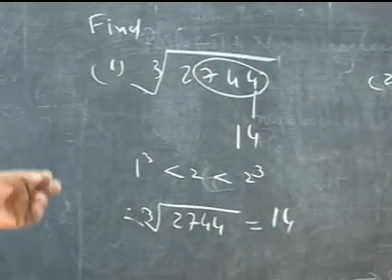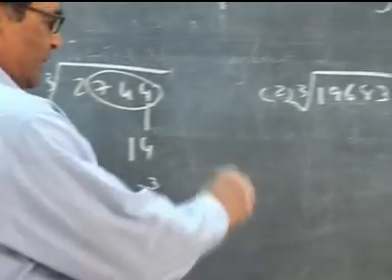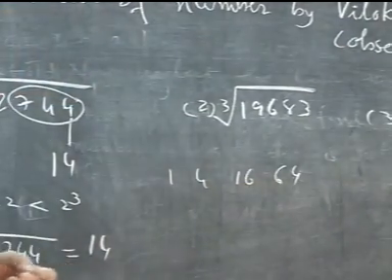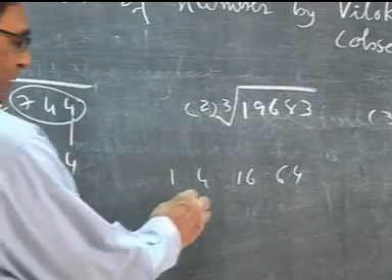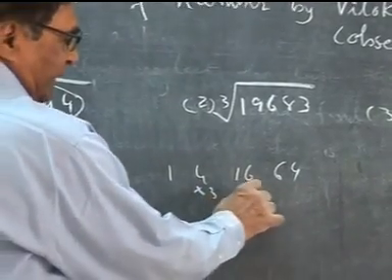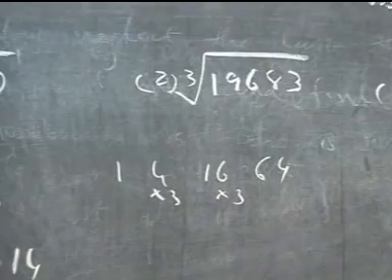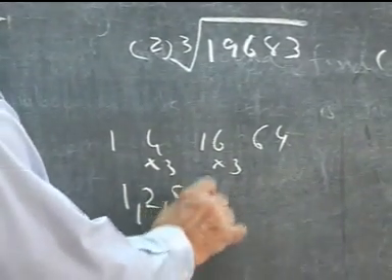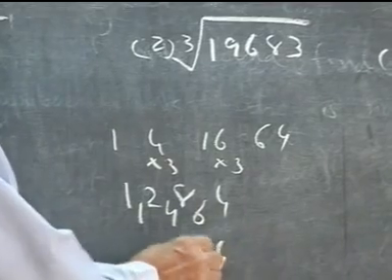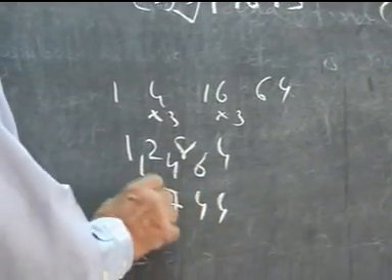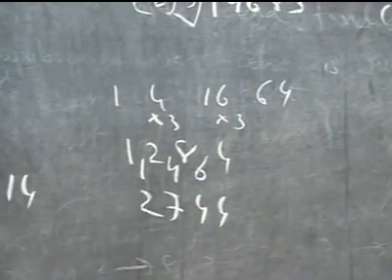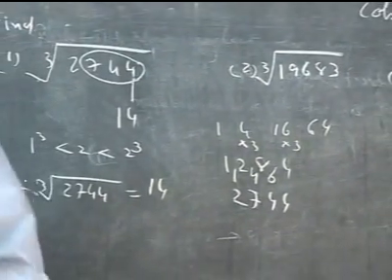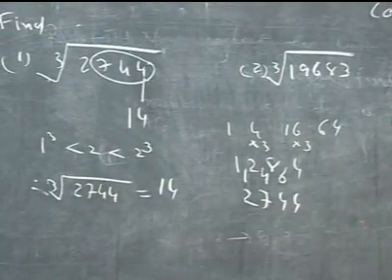We can cross check it even. 1, 4, 16, 64 by our method, and you get 2744. So the cube root is true. By this way you can very easily find the cube root.